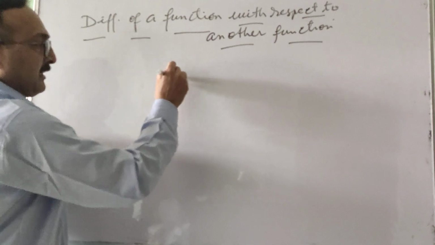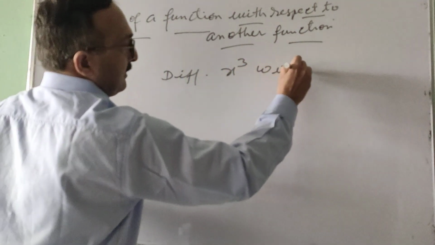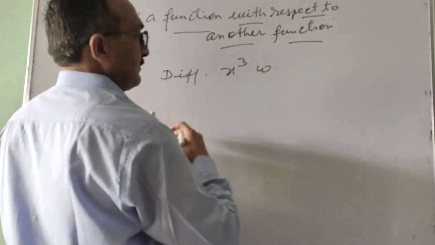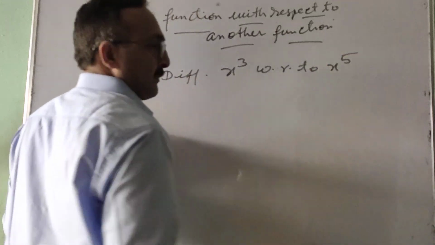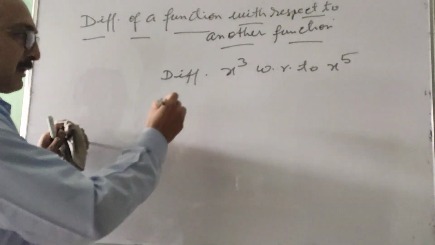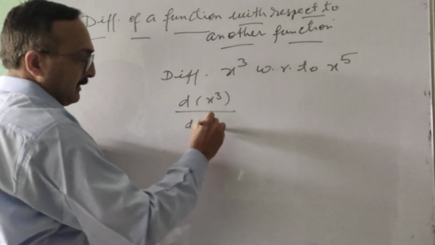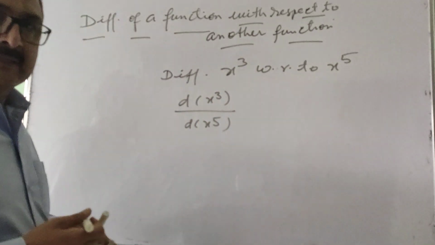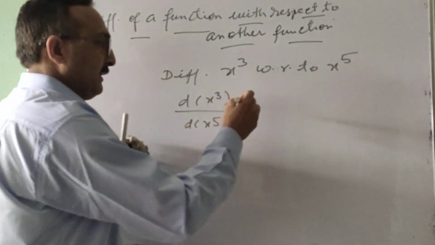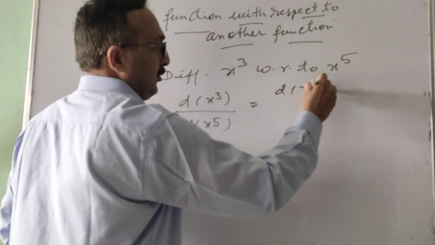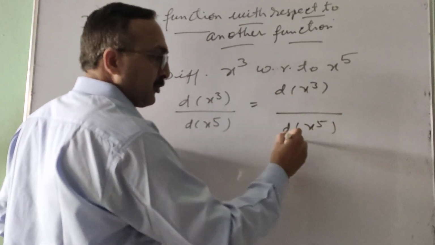Next one: suppose differentiate x cube with respect to x5. So now how to write? d x cube with respect to d x5. As we have done dy upon dx, and then d x cube upon d x5, what will you do?